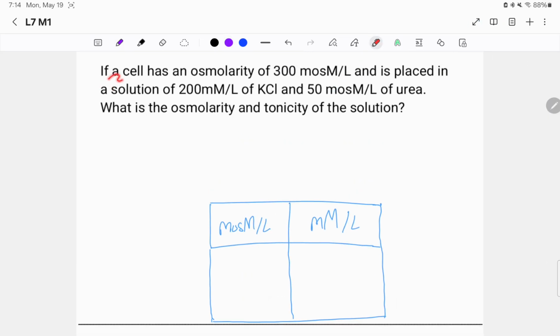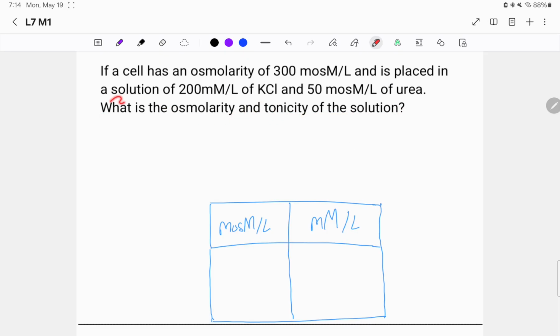So, this question said that if a cell has an osmolarity of 300 milliosmoles per liter and is placed in a solution of 200 millimoles per liter of potassium chloride and 50 milliosmoles of urea, find the osmolarity and tonicity of the solution.